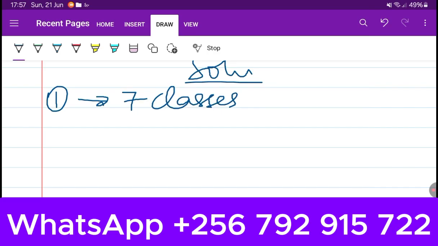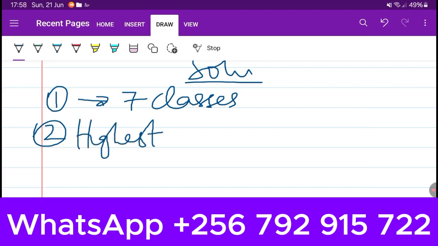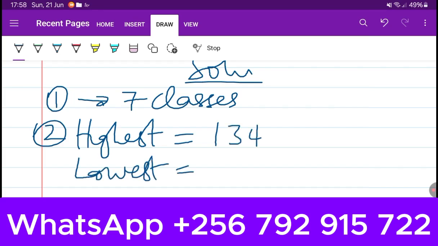Then our step 2: we find the highest and the lowest value. Highest value was 134. Then the lowest value is 100. That is step 2.